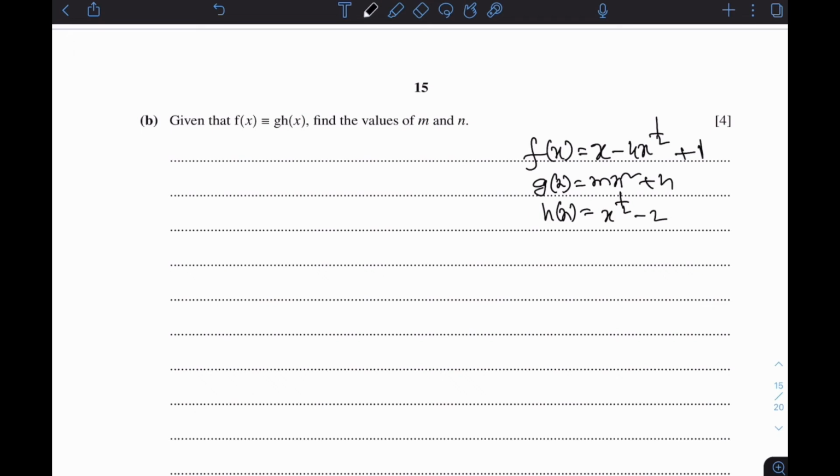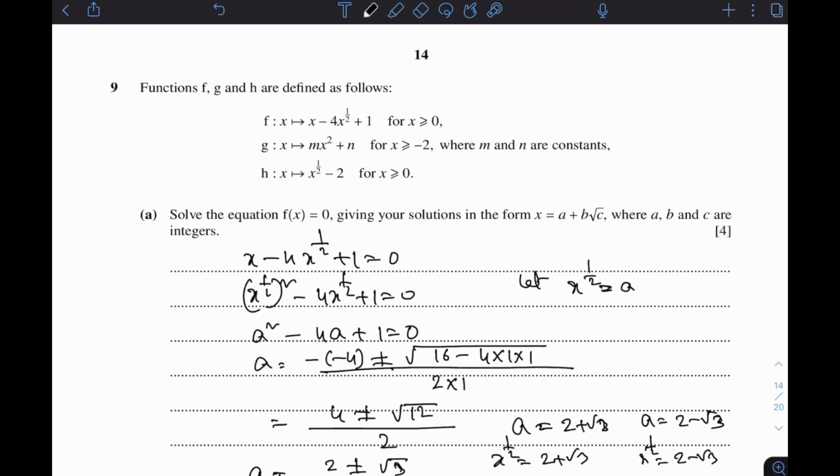it is given f(x) equals g(h(x)). So let us find out g(h(x)) first. g(h(x)) is substituted by x to the power half minus 2, and for g(x) we can find m (x to the power half minus 2) whole squared plus, we can see that this is n.